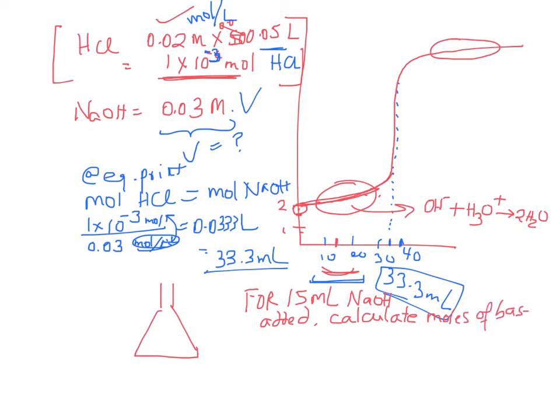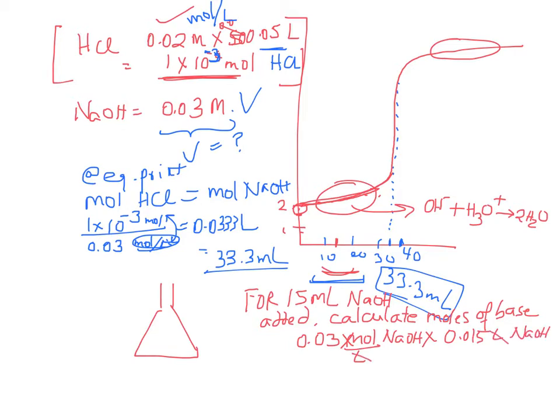Since you had 0.03 molar sodium hydroxide, moles per liter NaOH, and you have added 0.015 liters of sodium hydroxide.